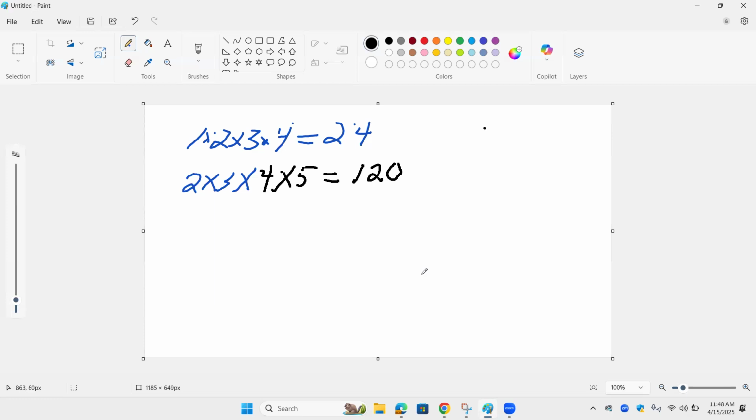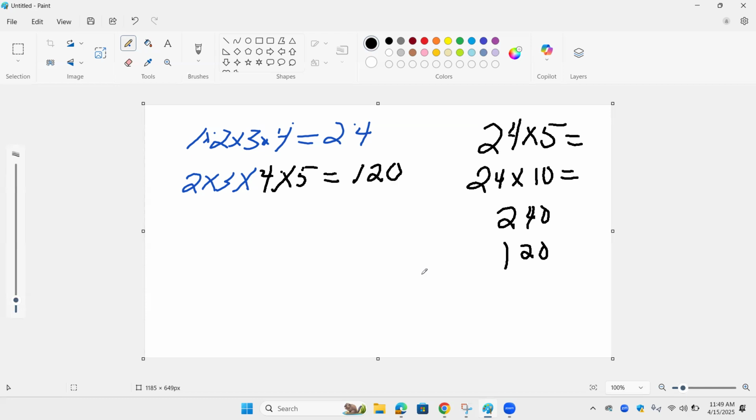By the way, my trick for doing this, I actually did 24 in my head times 10, which is 240. And then I said, wait a second, that's double what I need. So I did 120. Just so you know how I did it in my head.